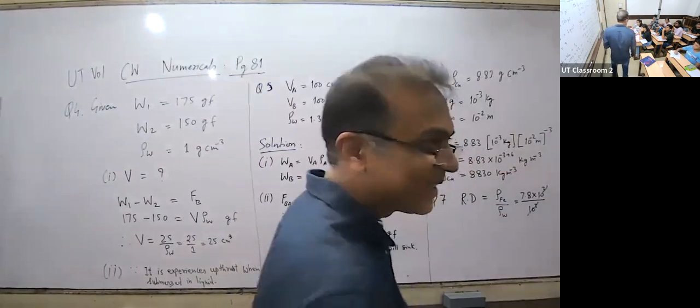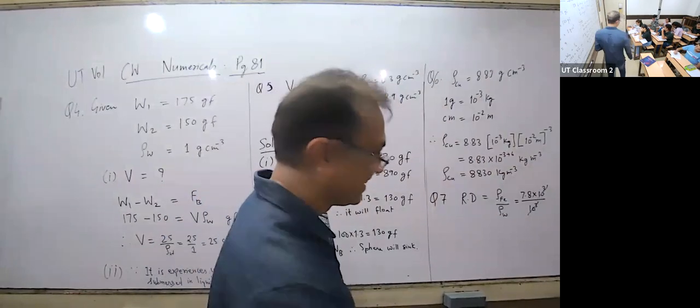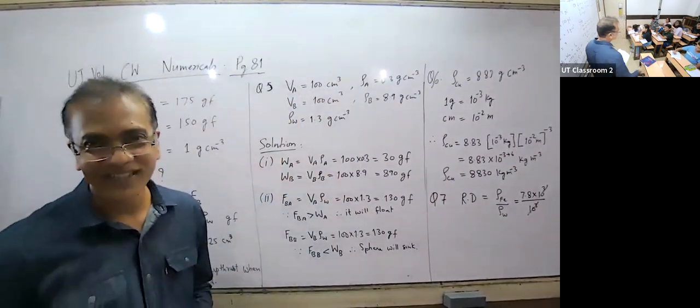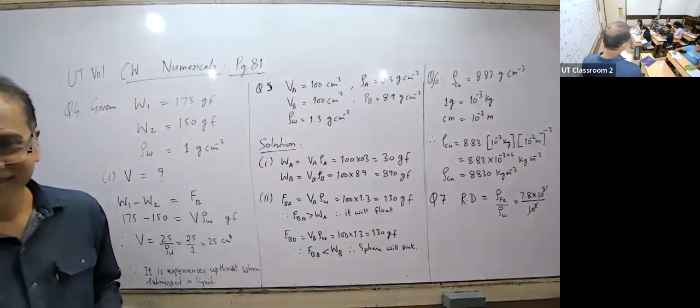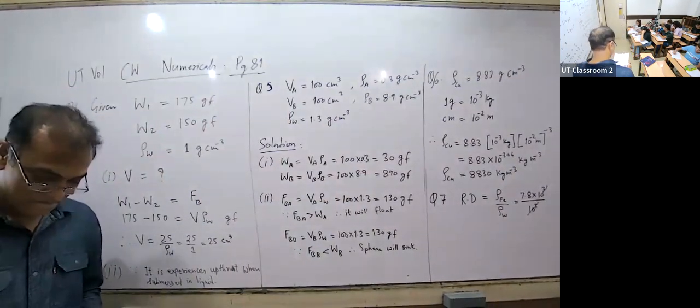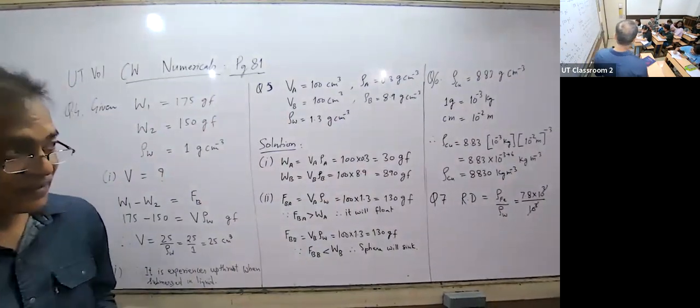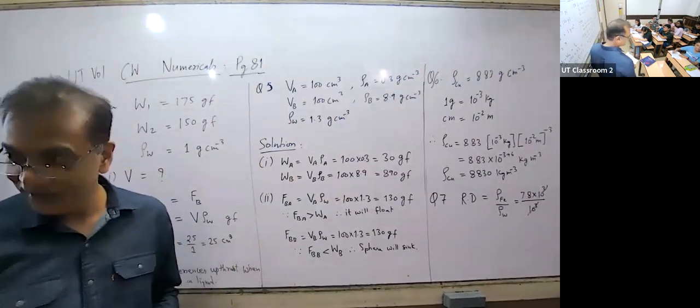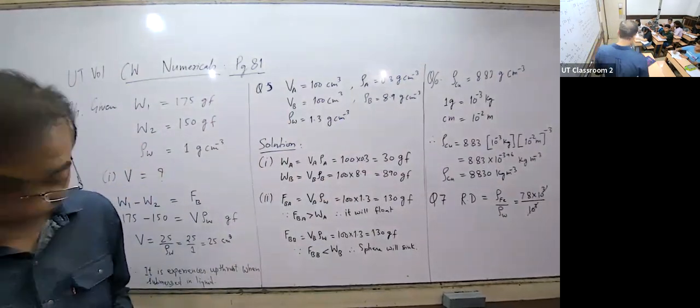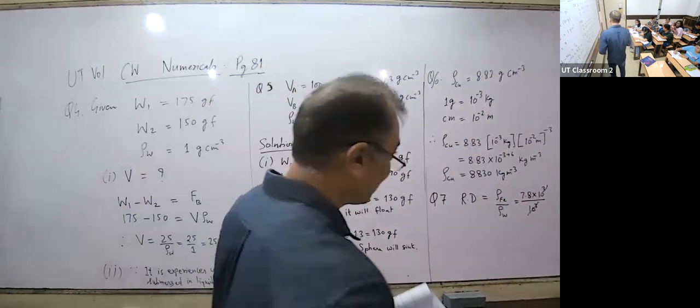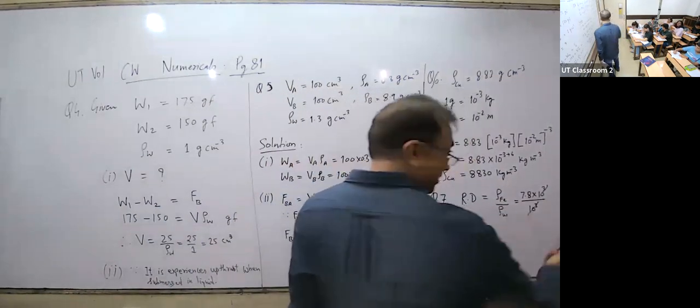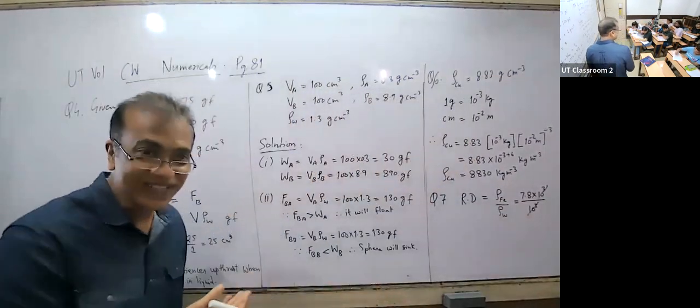Come on, you guys are kidding. Just 7.8. This topic has so many questions, and this is the answer, probably the smallest question.